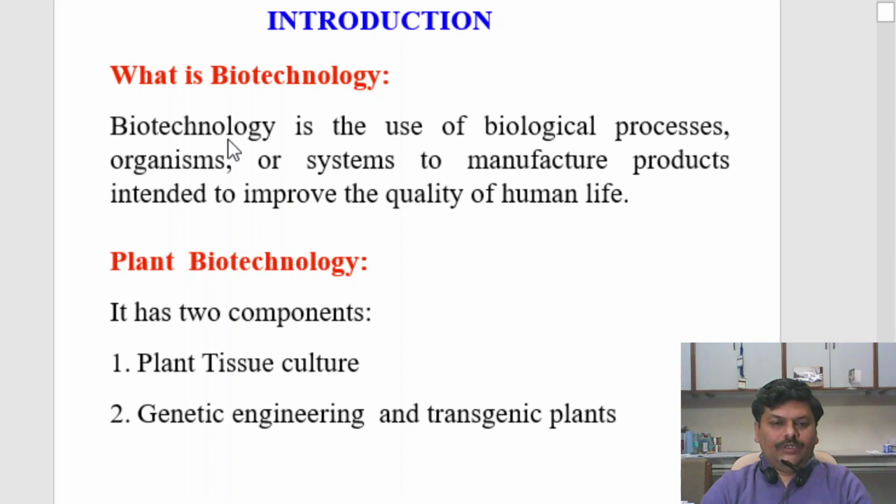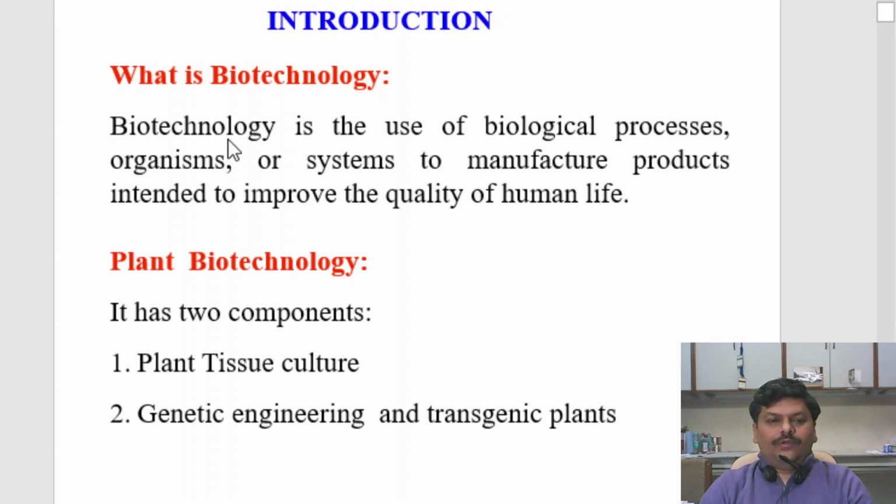When we talk about organisms, that means we basically modify the whole organism, for example plants or microbes, to produce antibiotics or products which have high food quality and so on.